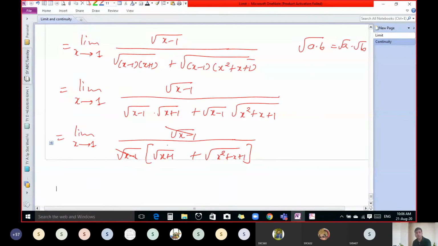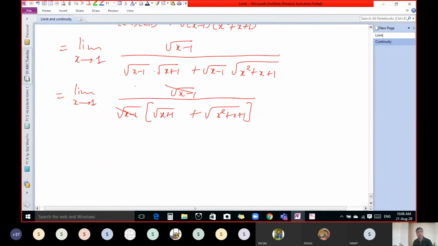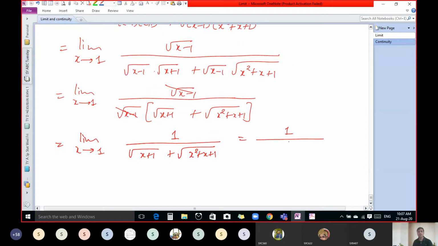After simplification of the original question, it is limit x tends to 1 of 1 upon this denominator. Putting x equal to 1, we get 1 plus 1, and 1 square is 1, plus 1 plus 1. So my final answer is 1 upon root 2 plus root 3.